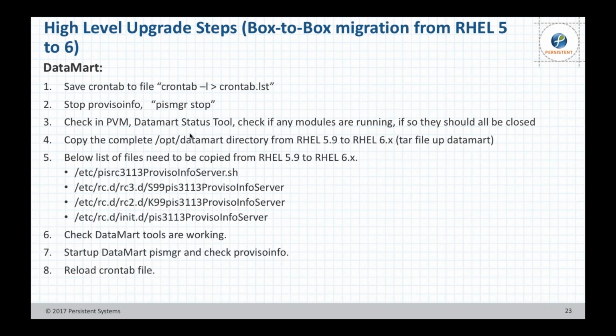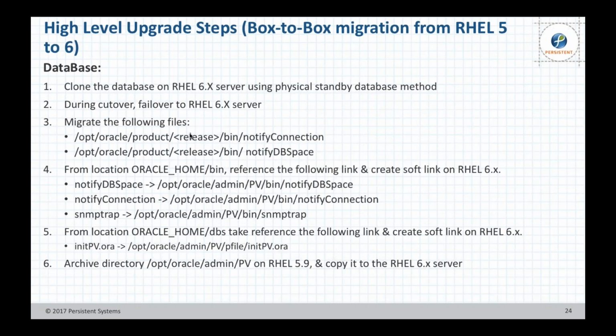Moving on to the database. For the database itself, you want to clone the database that is on the Red Hat 5 to the new server on Red Hat 6. Basically, you are using the Oracle tool itself to help you do what we call a physical standby database method on the Red Hat 6.